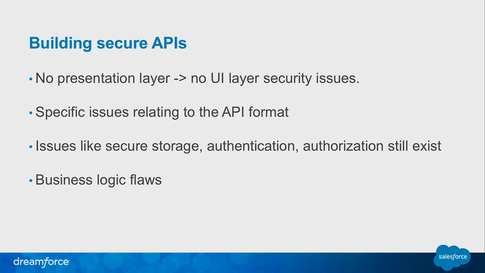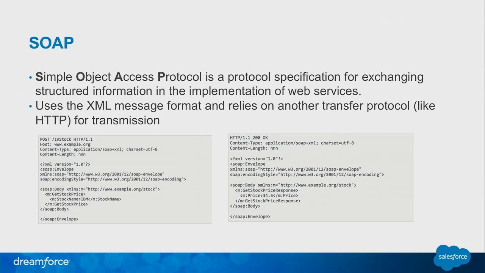Well, we still do, but we don't have any presentation layer security issues. There will be specific issues relating to the API format you're using, and there will still be issues like secure storage, doing your authentication and authorization correctly, and business logic flaws, which are the most important of all. Those issues still exist when you're building APIs, right?